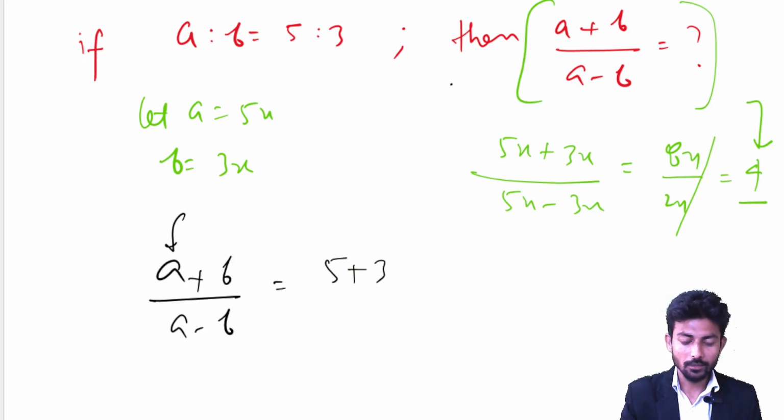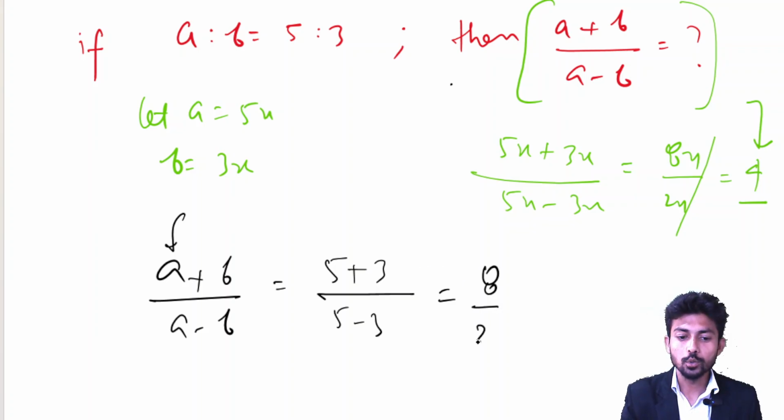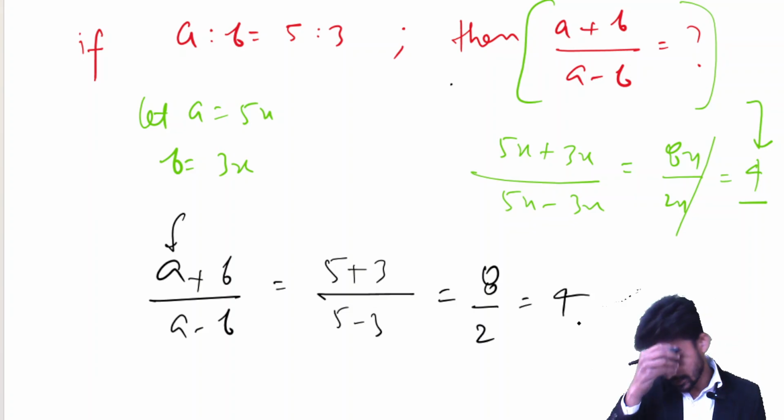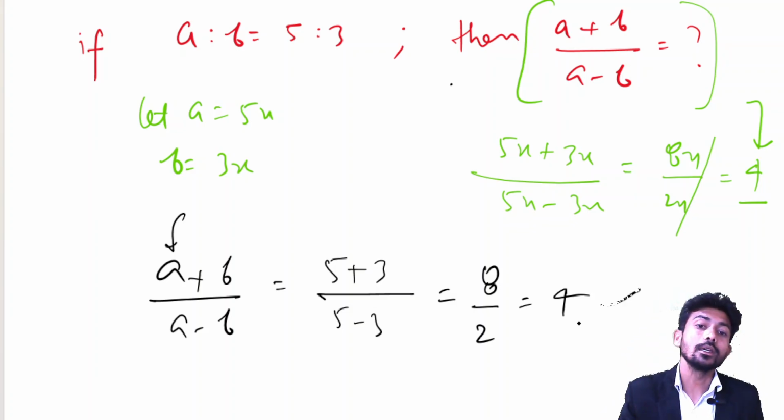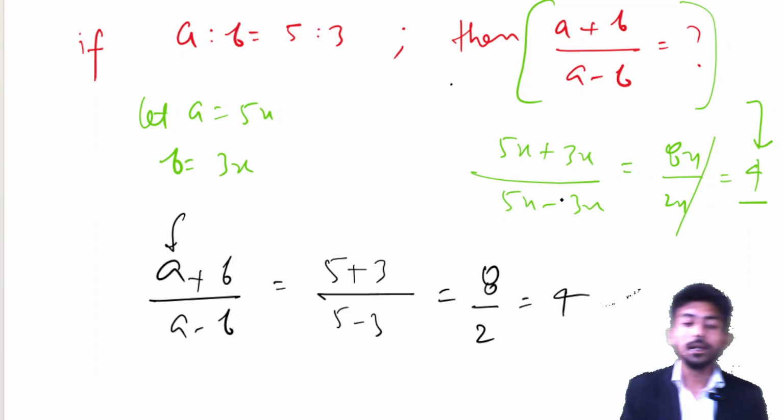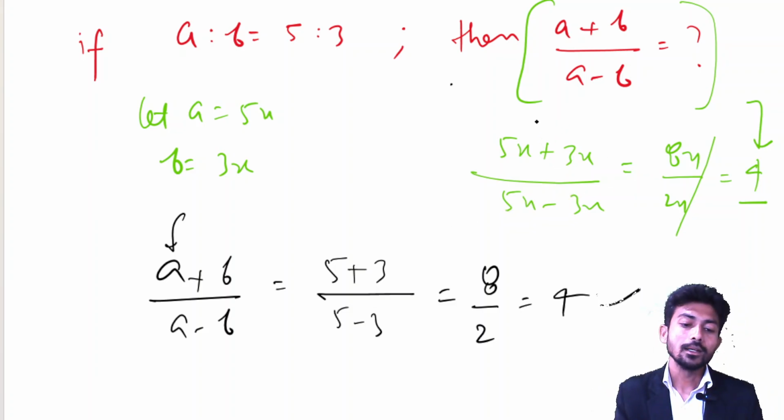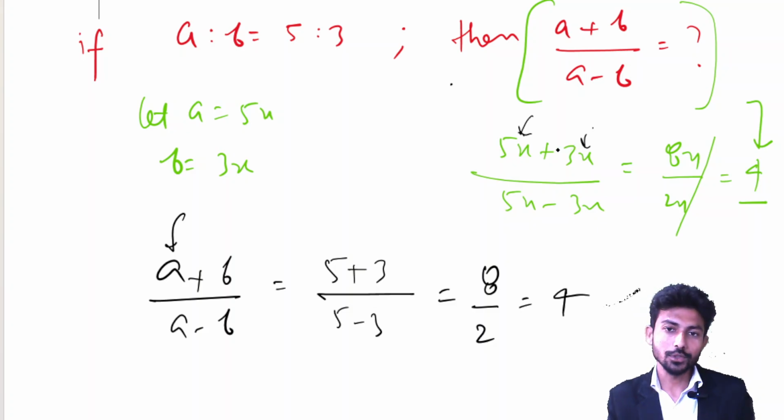And the same thing will be written in the denominator: I will write 5 minus 3. Solving this further, I will get 8 over 2, so that will be 4. Again 4 is the answer. Now why am I not taking x here? Because ultimately I know that this x has to be cancelled out. So why would I take it and make this calculation more complex?